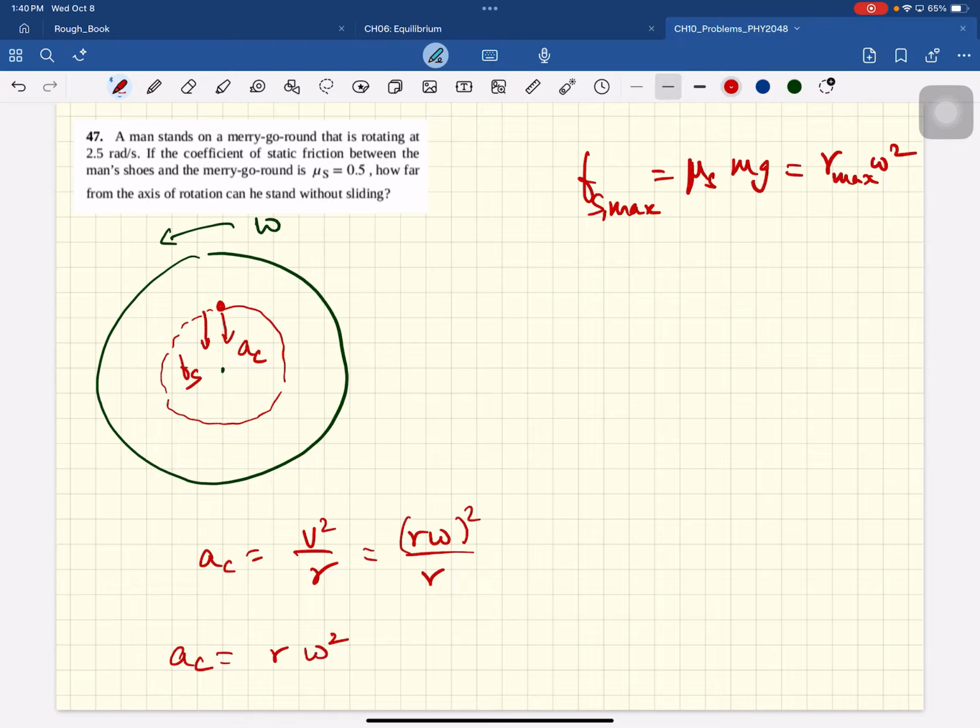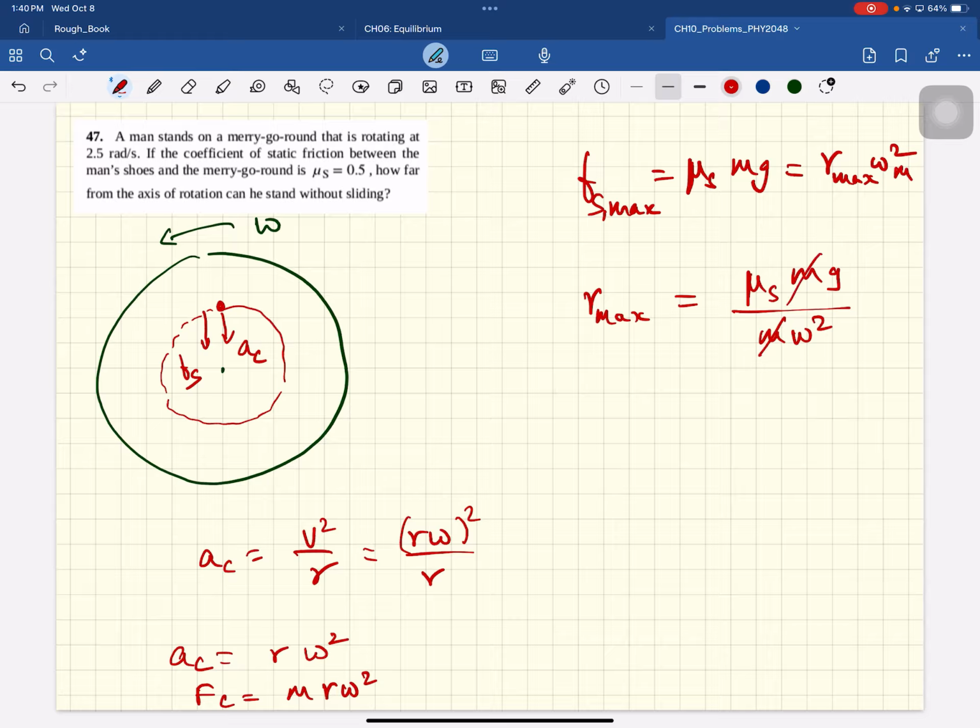So R max: the centripetal force is m times r omega squared. So mu s mg equals m R max omega squared.